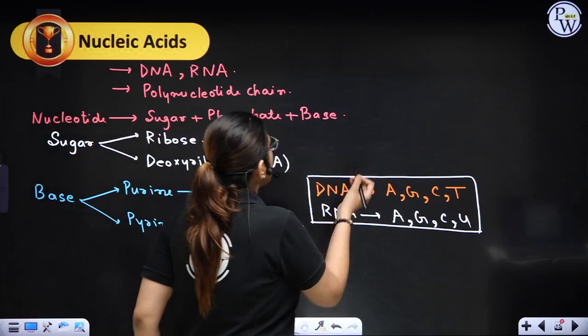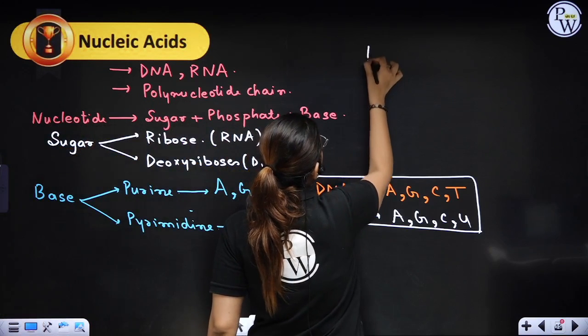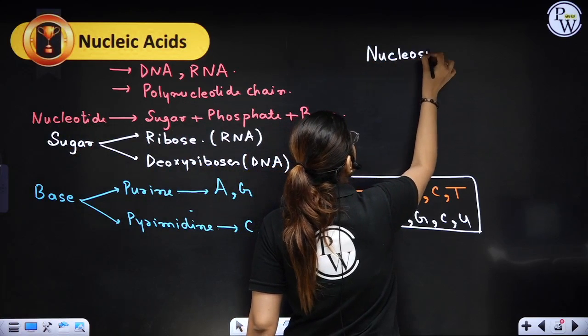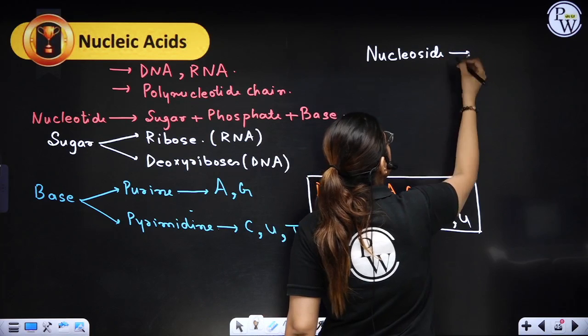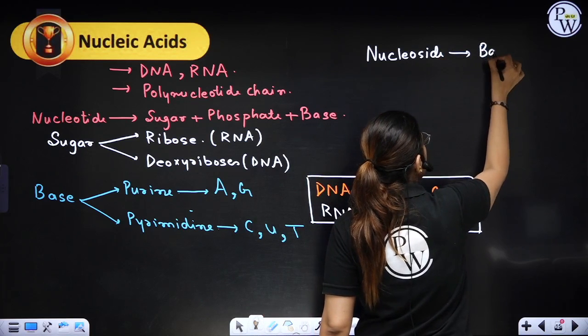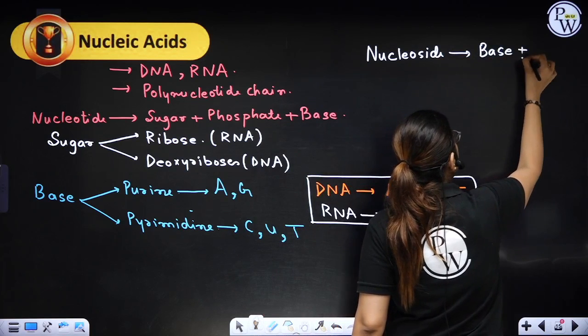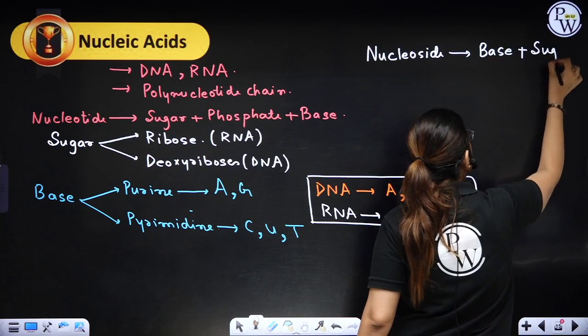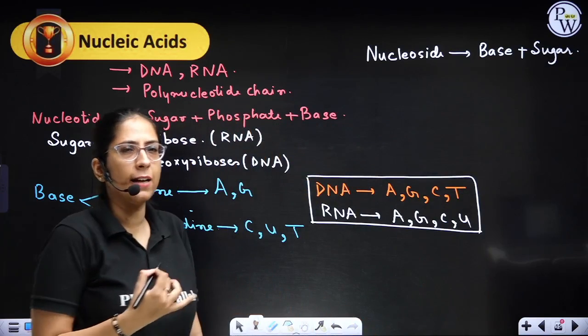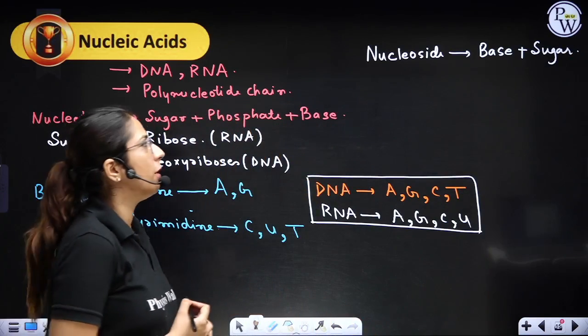Now one thing you have to remember, there is another terminology termed nucleoside. So what are these nucleosides? Nucleoside is equal to base plus sugar. The sugar can be ribose or deoxyribose. They are termed as nucleoside, that means they lack the phosphate group.